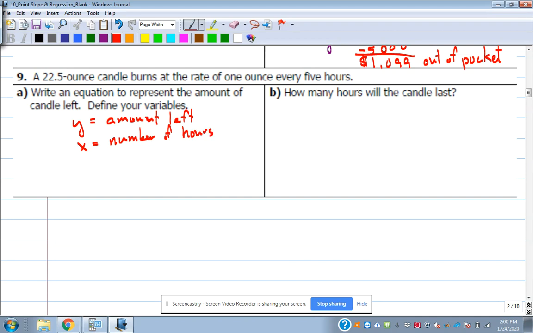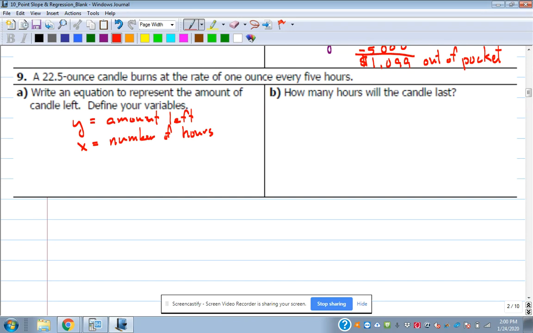Today we may go home and light it as soon as we get home, 3:30, we're home from school. We light that nice smelling candle when we get in the house. And then let's say 6 o'clock, we got to meet somebody in town for supper. We're not going to leave that candle burning, or I hope you don't when you leave the house. So you're going to blow it out.